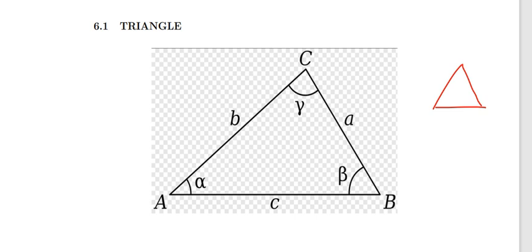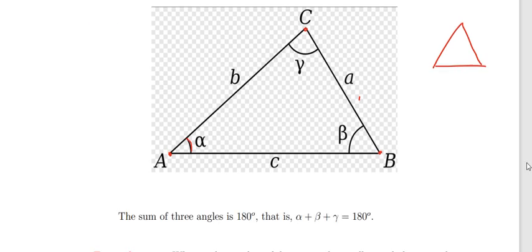Let's say we name the points A, B, C. So we say triangle ABC, and this side is side a, this angle is angle A, and we can also denote the angles as alpha, beta, gamma. So we want to study the relationship between those angles and those sides.